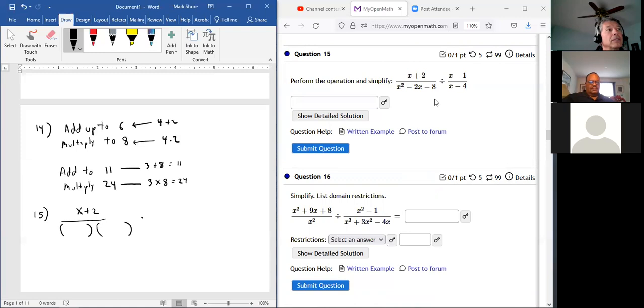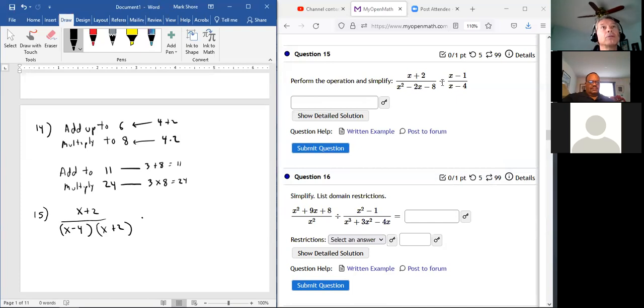So the x squared breaks into x and x. And now you're looking for two numbers that multiply together to give you -8 and add up to -2. That would be -4 and +2, because 2 times -4 is -8, and 2 minus 4 is -2.